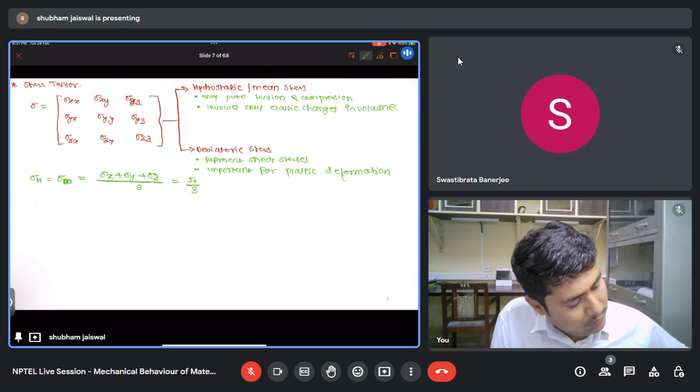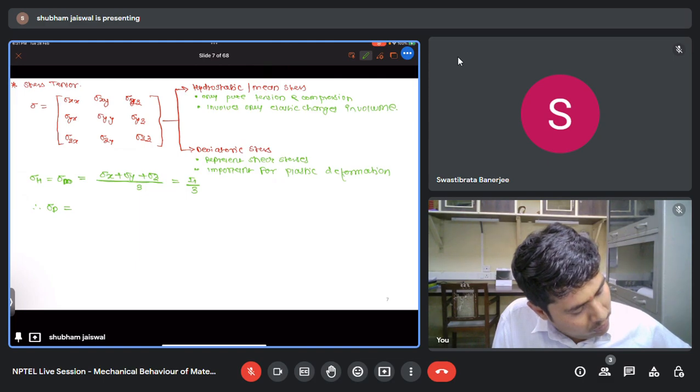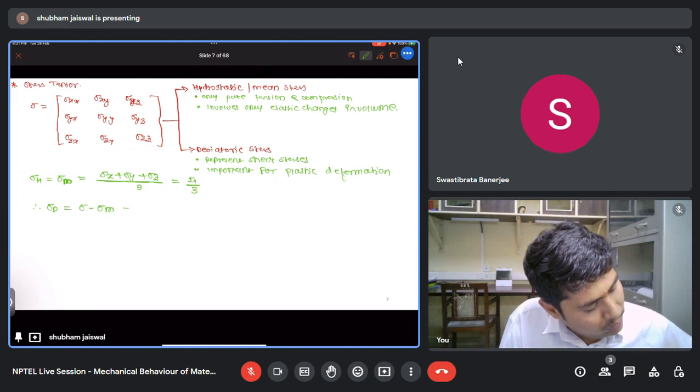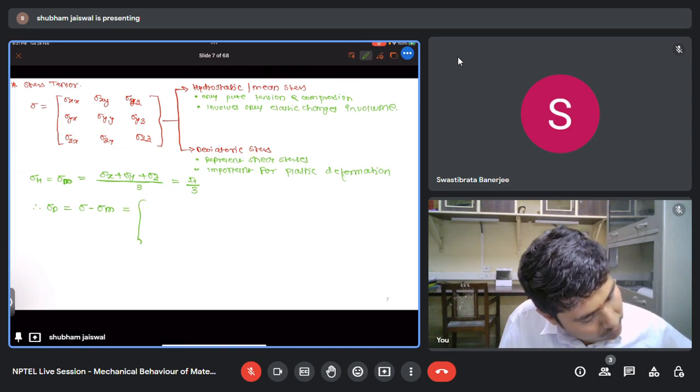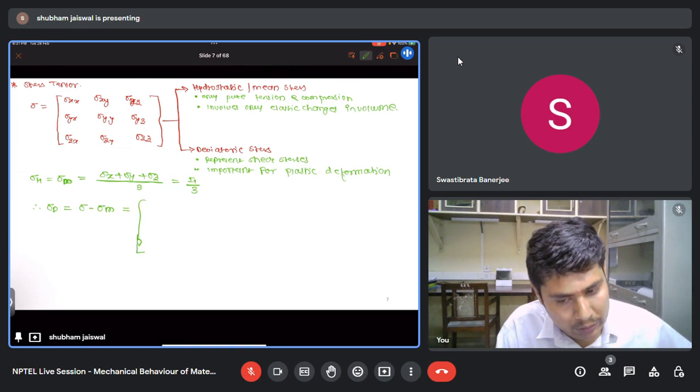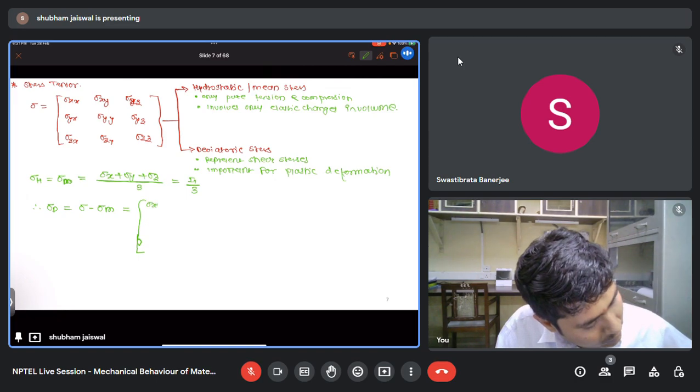So let's say my sigma d is equal to sigma minus sigma m. So if I put that in this matrix, what I will get is sigma xx minus sigma m.